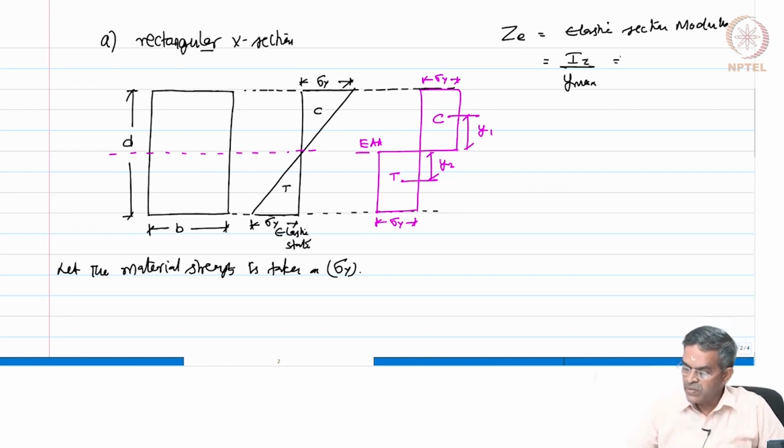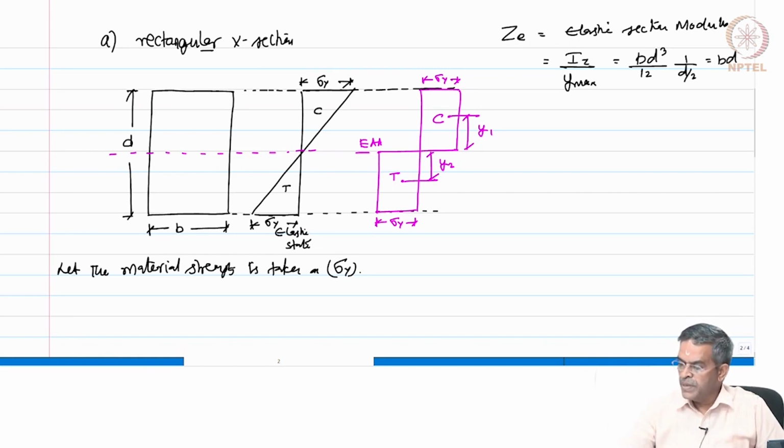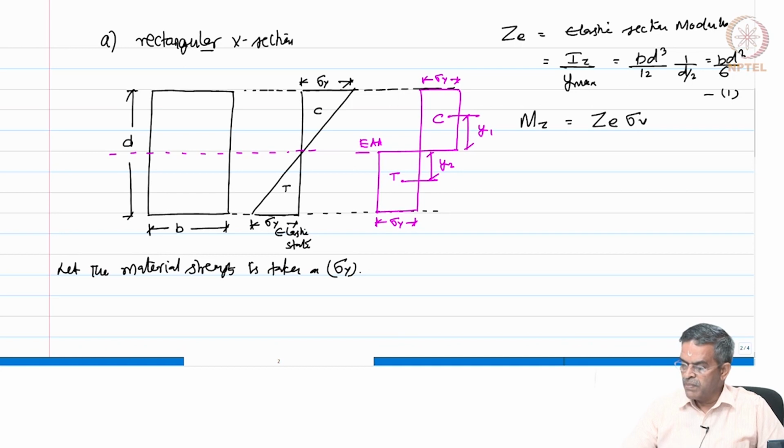For this cross section it is going to be BD cubed by 12 divided by D by 2, which becomes BD square by 6. Let us call this equation number 1. If you want to find the elastic moment capacity, it is given by a simple expression, this section modulus multiplied by the corresponding stress. We know that.